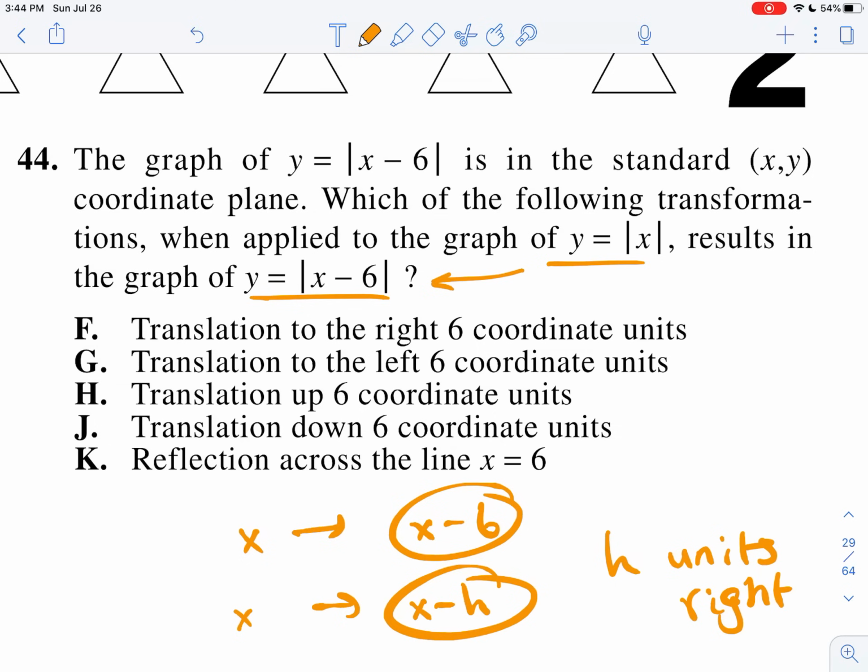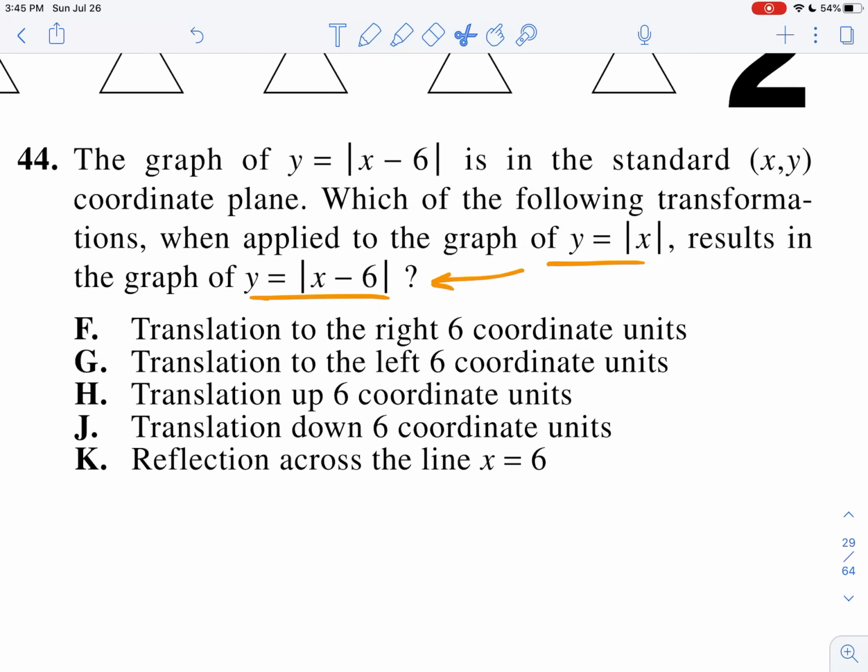If I do x plus 6, this is actually to the left. Okay, it's kind of backwards. You'd expect that if I'm adding something, it would be to the right, and if I subtract, to the left, but it's the other way around, because you actually do x minus h. If h is a negative number, then it would become x plus whatever the number is. So keep that in mind. So in this case, we're obviously subtracting 6, so we're going to go 6 units right.